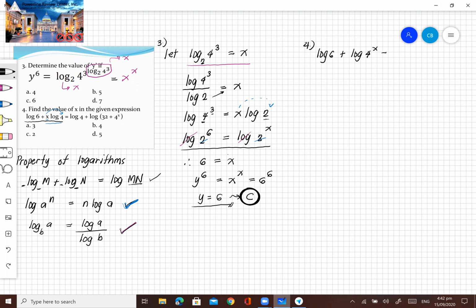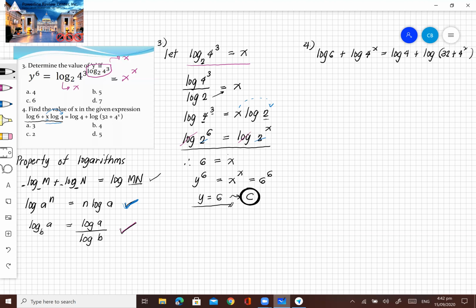Now, equal sa right side, sulat ko lang, logarithm of 4 plus logarithm of the quantity 32 plus 4 raised to x. Oops. Hindi naging x. 4 raised to x. Yan. Okay. Same coefficient, same basis, addition by the first property.